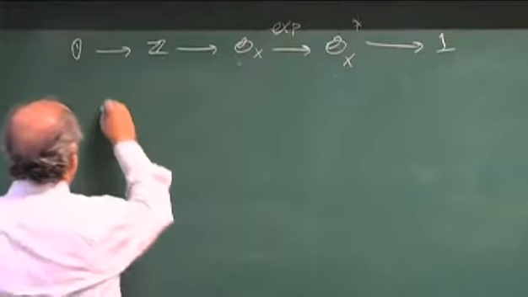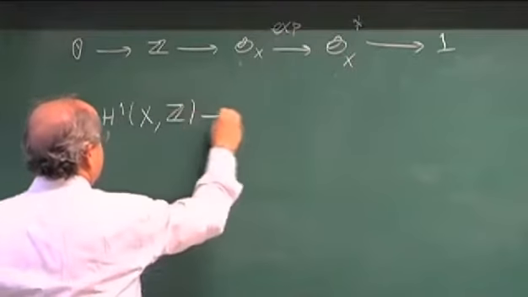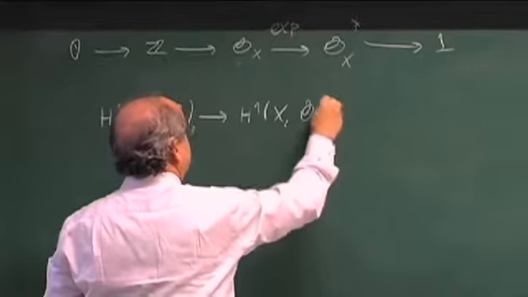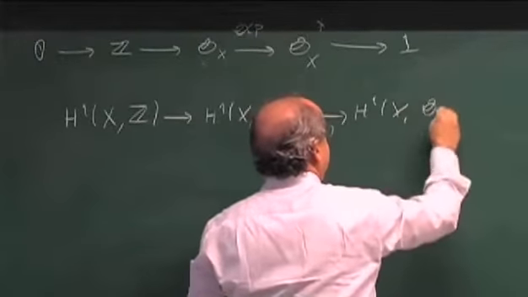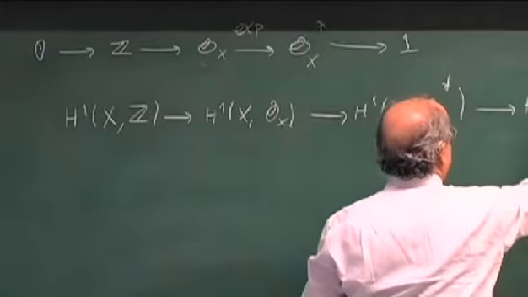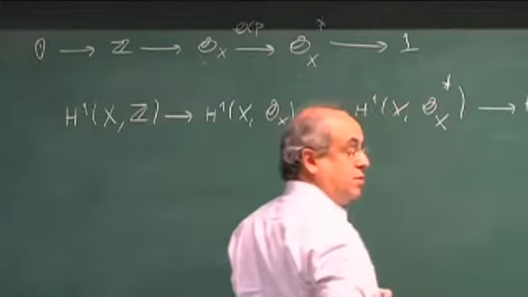Okay? And let's start from H1 of Z. This goes to H1 of O_X. This goes to H1 of O_X star. This goes to H2, sorry, of Z. This is the first connecting morphism.